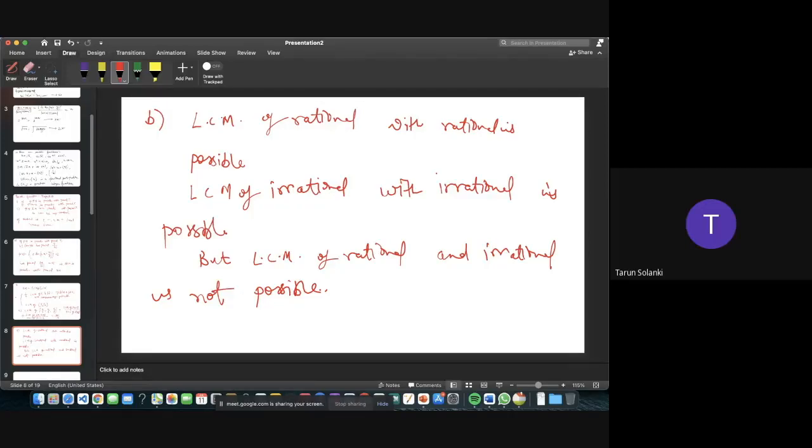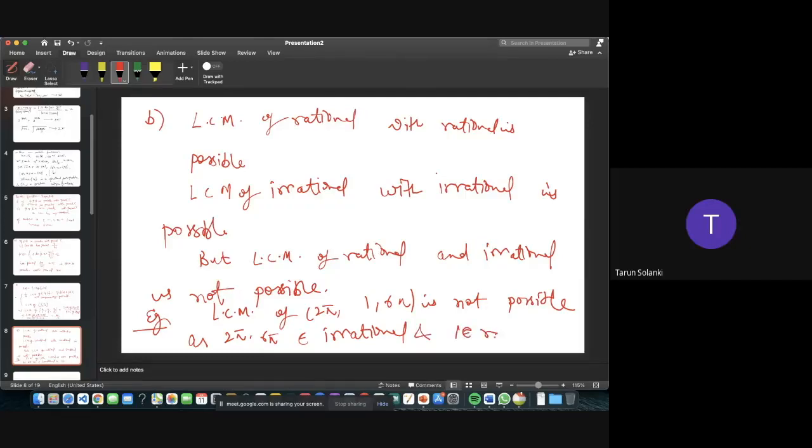Like, let me take an example. So the example is given: the LCM of 2 pi, 1 and 6 pi is not possible, as 2 pi and 6 pi belong to irrational and 1 belongs to rational, right?